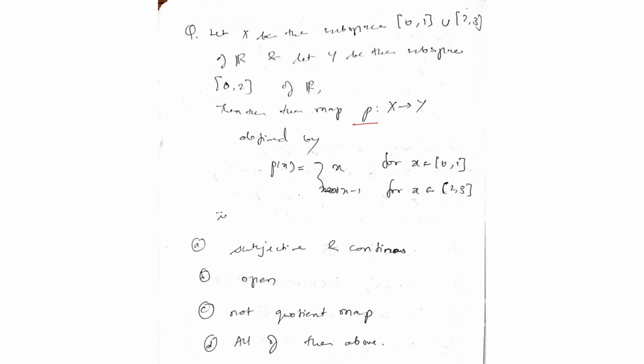So the map you have been given, X is a subspace of R and Y is a subspace of R as this. So check which of these options is correct and let me know the answer you are getting.